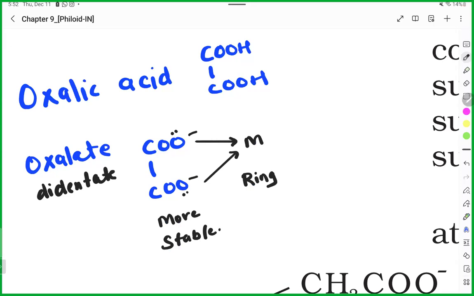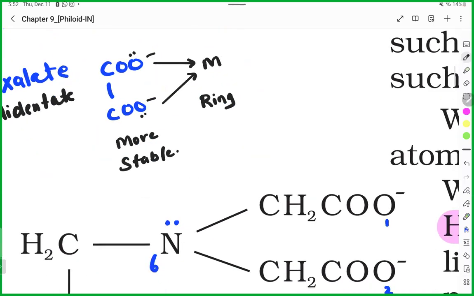Now it makes sense? Rings tend to be more stable because two or more sites are donating to the same atom. So if you have more donor sites and they donate to the same metal, they will form a ring. Rings are more stable.